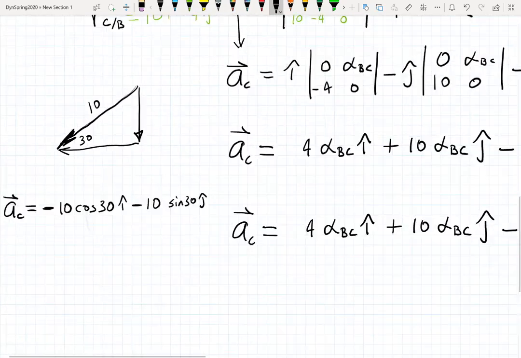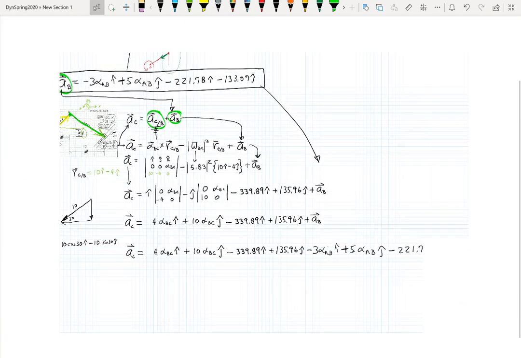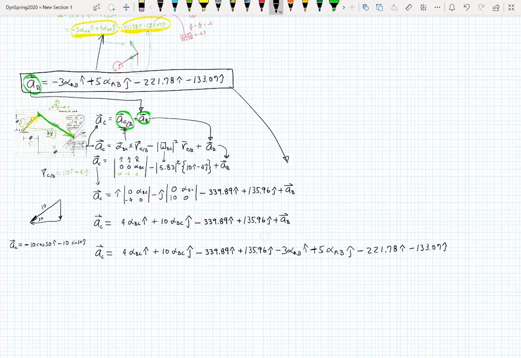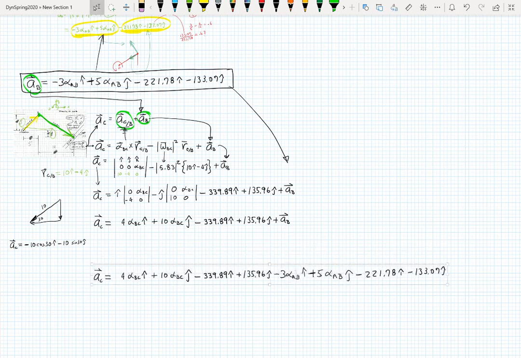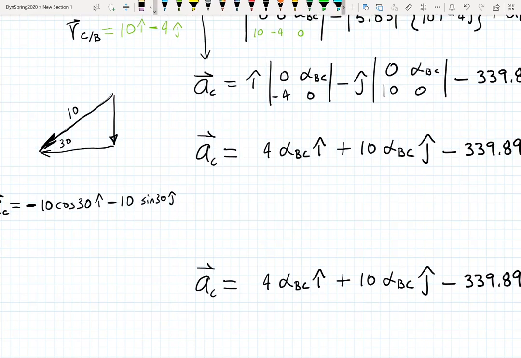Now, since I have everything written right there, I am going to try to move it down a little bit. Then what I'm going to do is interesting. We're going to go through this to get this.